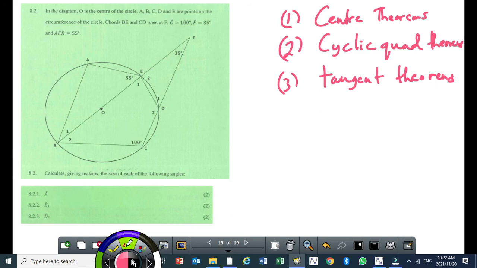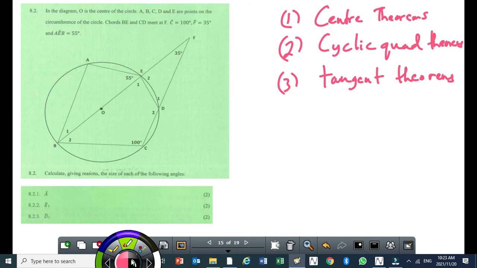You need to have a strategy as to how you approach a question. First, know your theorems, right? Every theorem corresponds to a specific diagram when you are given a question. So you need to know your theorems first.